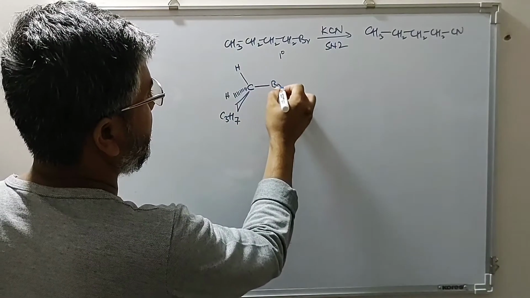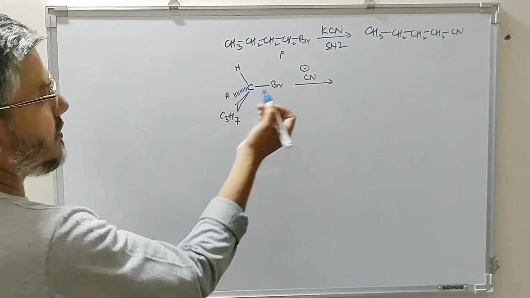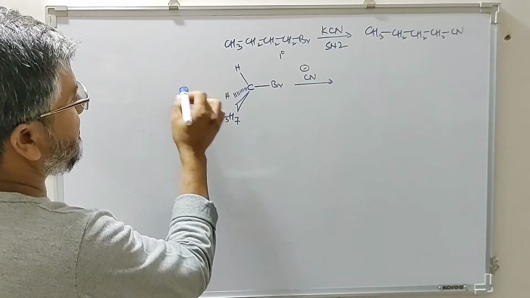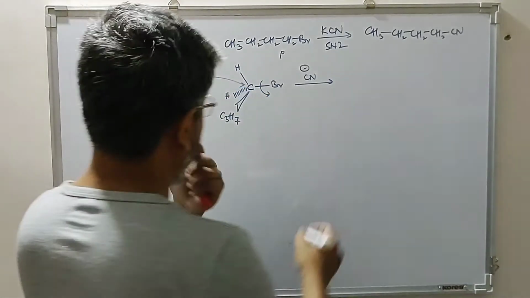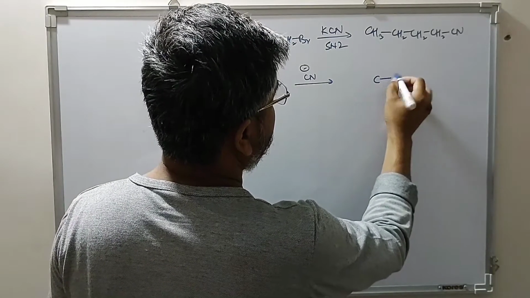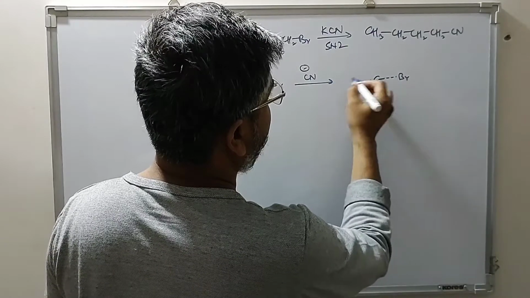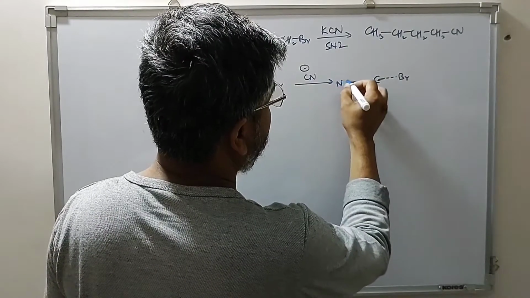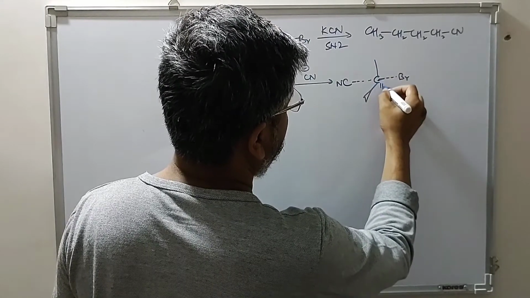We have this Br. Now this reacts with CN minus. So CN minus will approach from the rear side and the leaving group goes from the front side, and this gives you a transition state in which both the leaving group and the attacking nucleophile are attached to the same carbon and the remaining groups remain as they are.